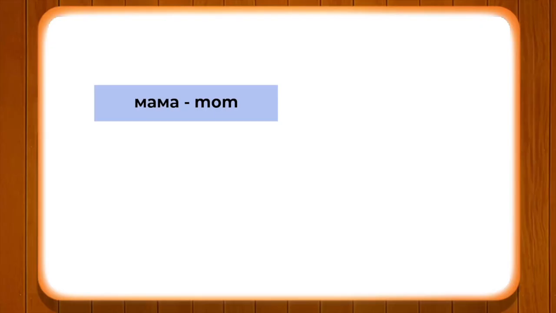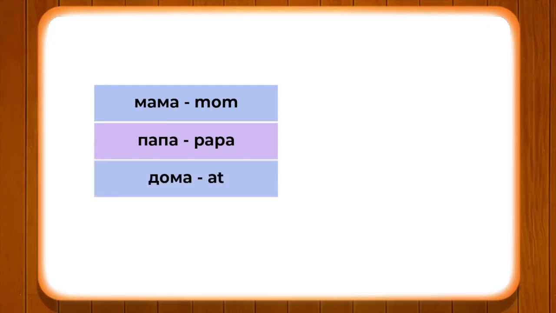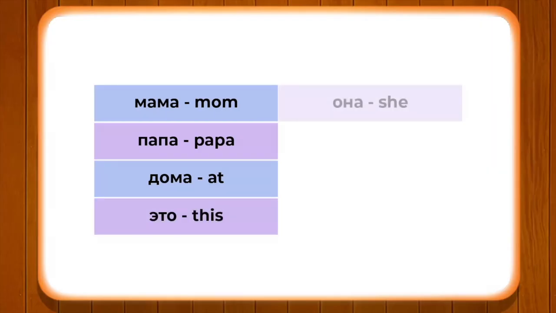That is why the pronunciation is mama. In case of papa, it's again papa. In case of doma, again the sound of o is higher than the a. So, the sound is doma. And eta, ana, because the stress is on a. Ano, again because the stress is on o.